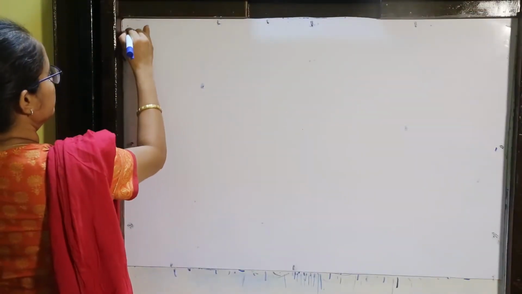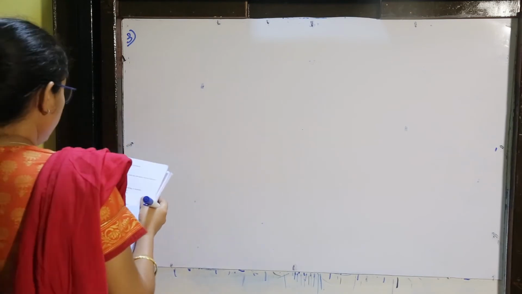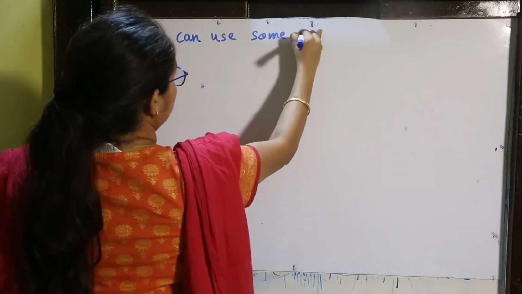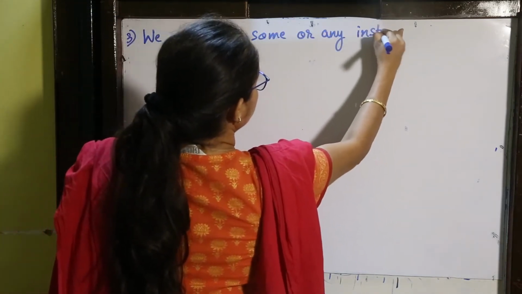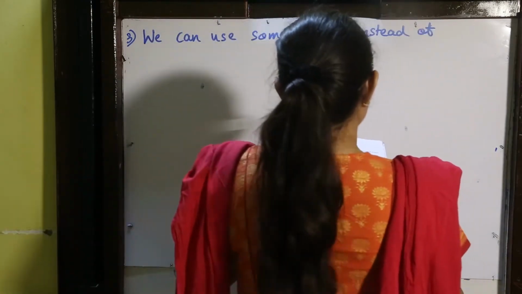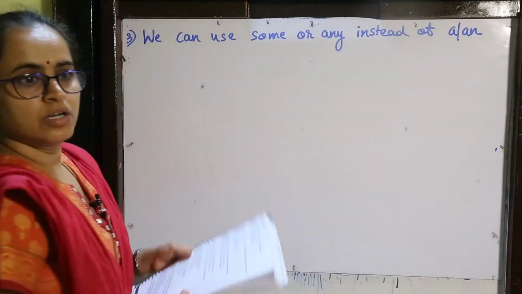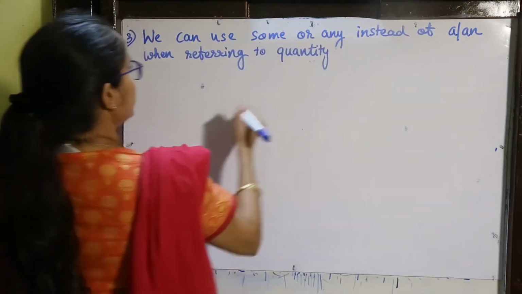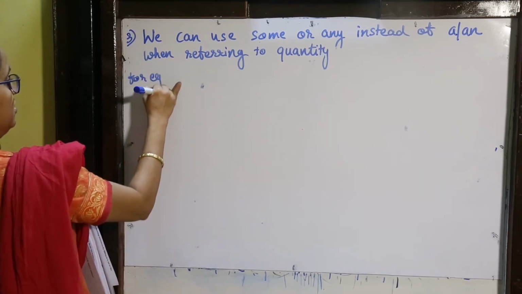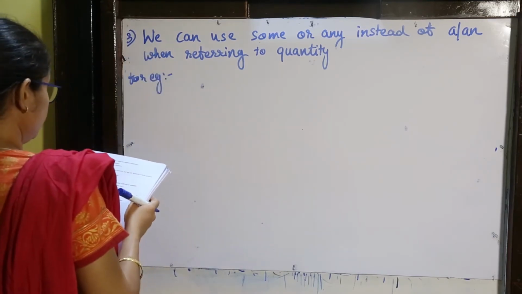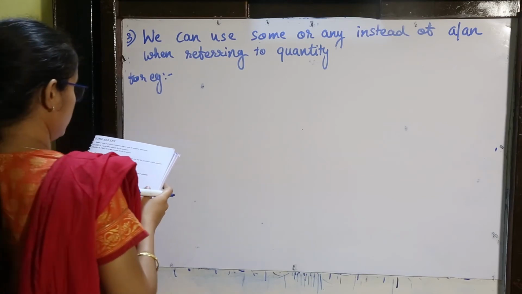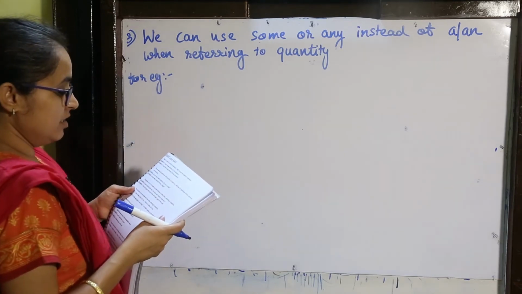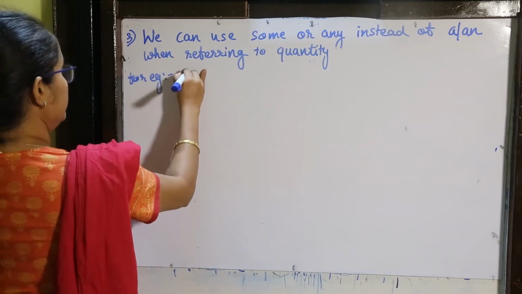Now, next point, for number 3 you can write: we can use some or any instead of A and N. For example, is there a bird in that tree, or are there any birds in that tree?